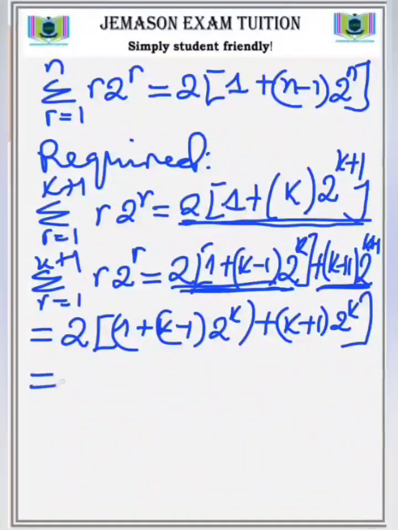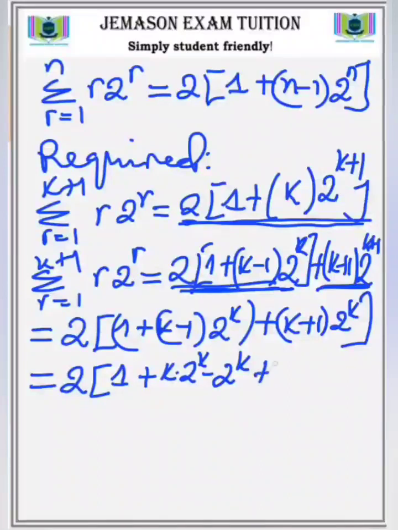So from here I will have 2 into, I will simply expand everything inside the bracket there and then see how it simplifies. So I have 1 plus 2 to the k times k will be k times 2 to the k. 2 to the k times negative 1 will be negative 2 to the k. 2 to the k times k will be plus k times 2 to the k. 2 to the k times 1 will be plus 2 to the k.